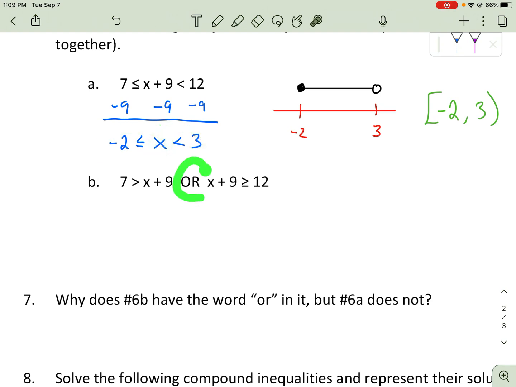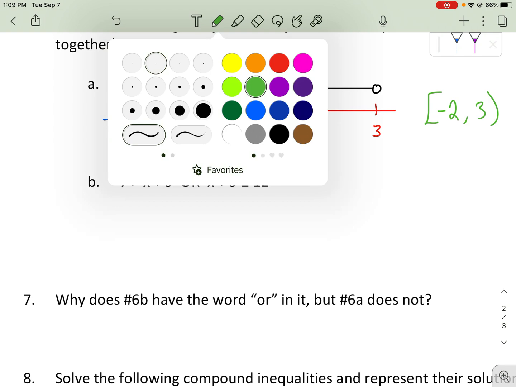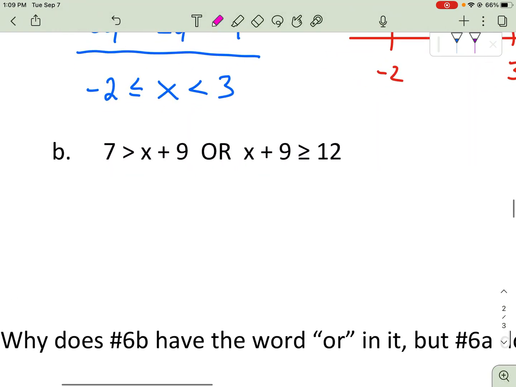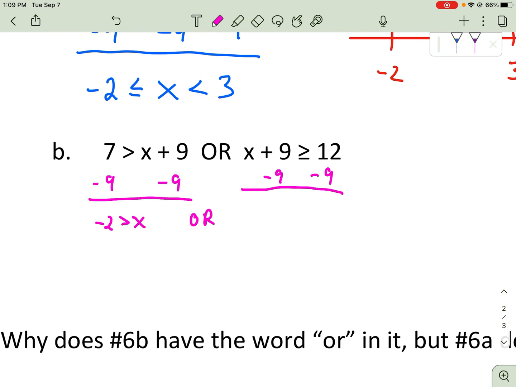In an OR problem, that's not going to happen. OR problems are easy to identify because they have to have the word OR in them. So here we're going to subtract 9 and get -2 is greater than x. Or subtract 9, same step because I made it the same expression on that side, and you get x greater than or equal to 3.